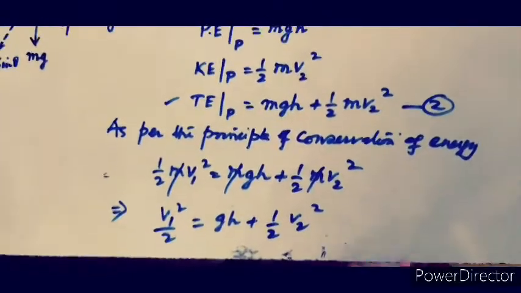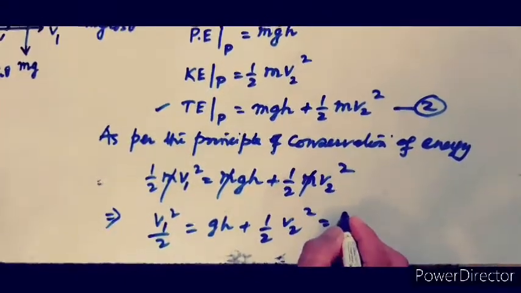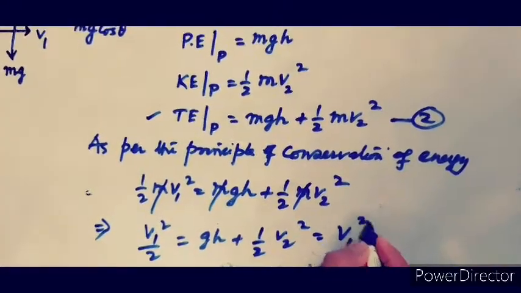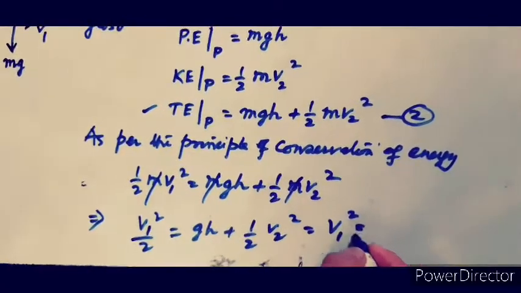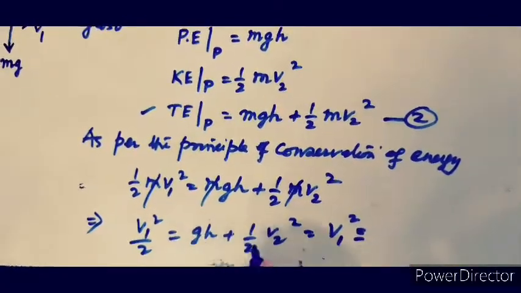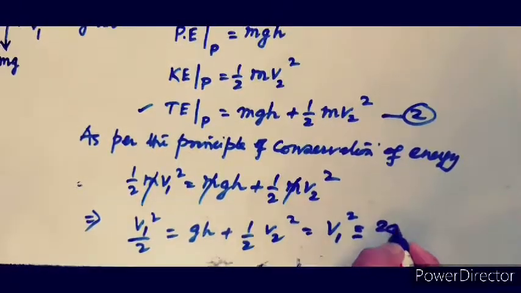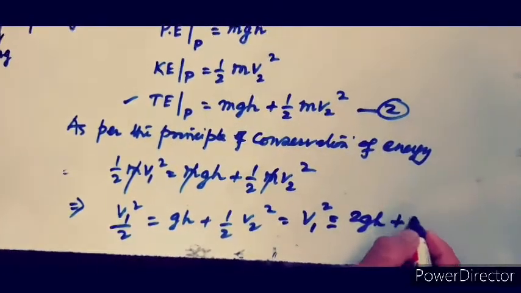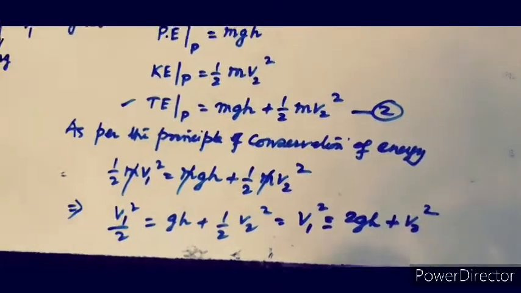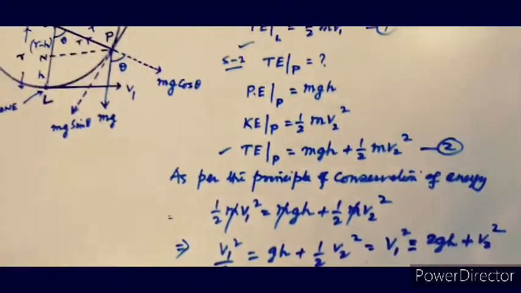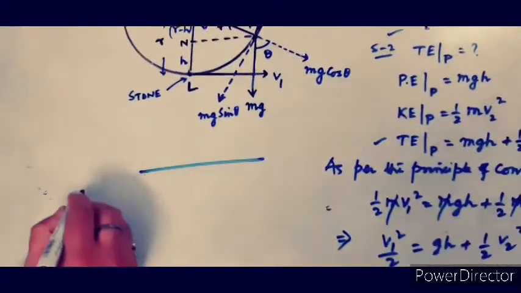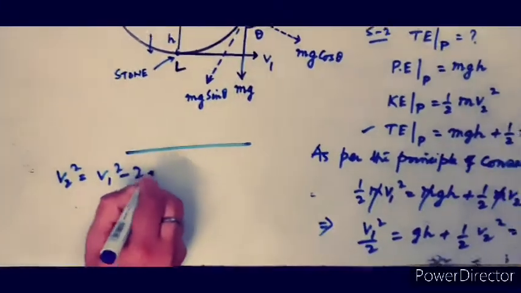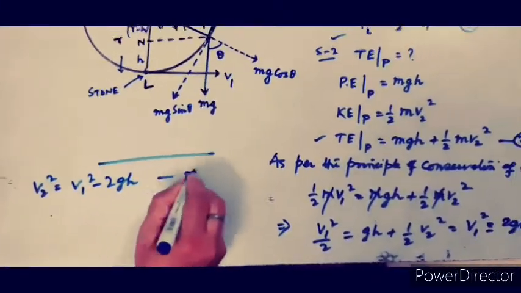If you solve this, you can easily find v1 square is equal to, cross multiplying by 2, 2gh plus v2 square. And one more thing we can write here: v2 square is equal to v1 square minus 2gh. Give it equation number 3.